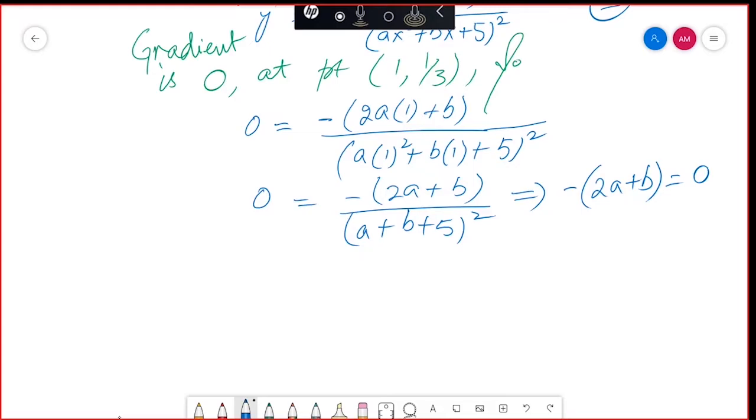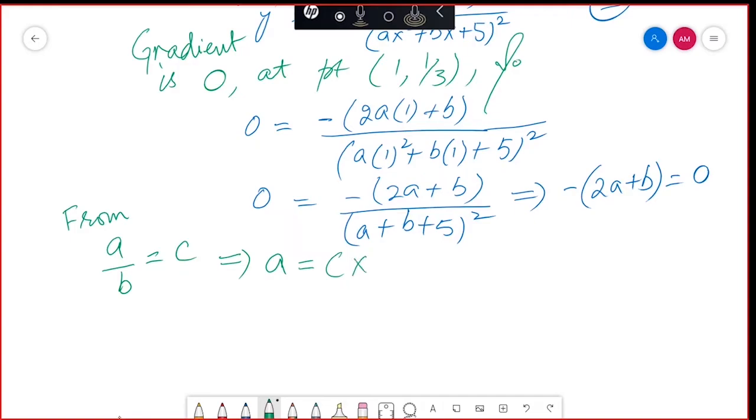If we have a over b is equal to c, let me change the colors because we are doing something different. So let's say a over b is equal to c. What is a equal to from this? a is equal to c times b.